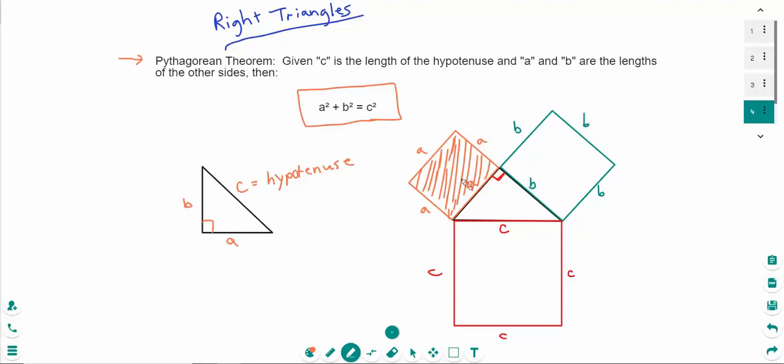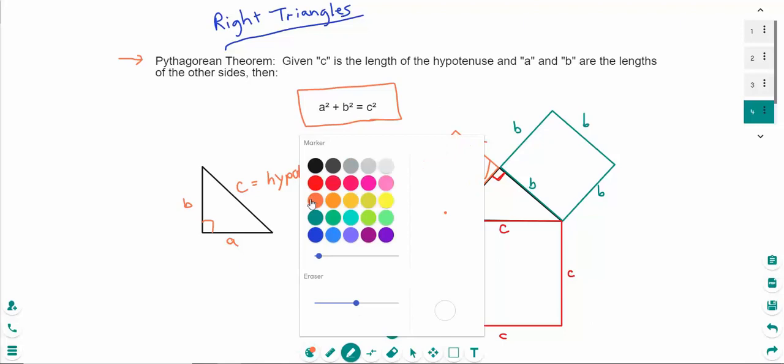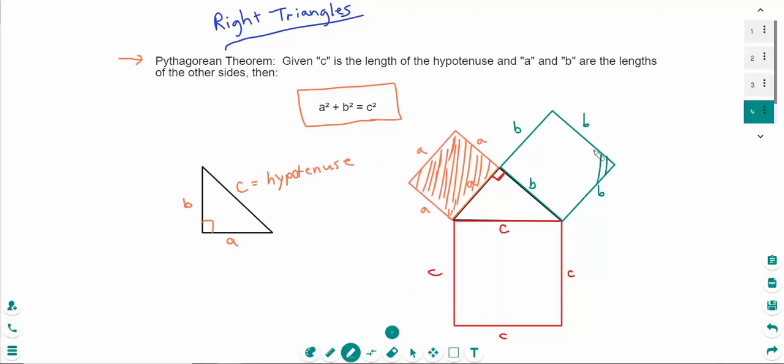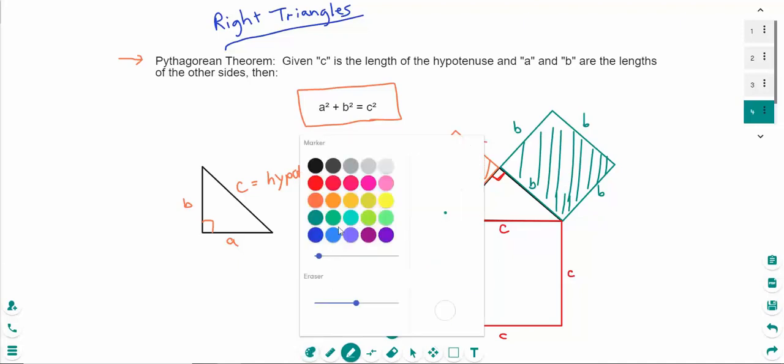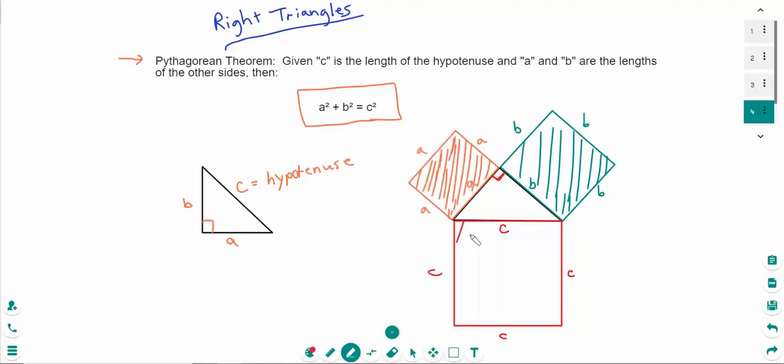So you have the area of that square, whatever that is, and if you add it to the area of this square, whatever this is, lo and behold, it will equal the area of this square, this large one from the hypotenuse. And that'll be true for any and all right triangles. It's amazing. Absolutely amazing. So that is what's going on behind this formula.